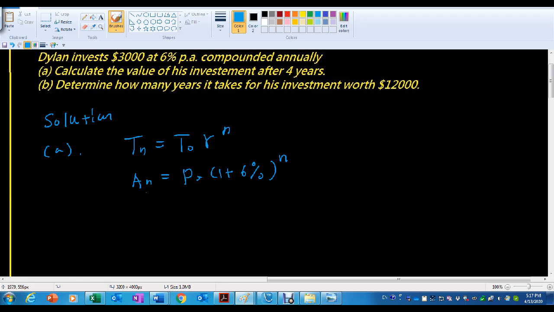So Tn just means the amount at the end of nth year, T0 means principal, and R means growth factor, not 6%, but 1 plus 6%, to the power n. So we are going to find the amount at the end of fourth year, with principal 3,000, and that's 1.06 to the power 4, right? Just get this done.